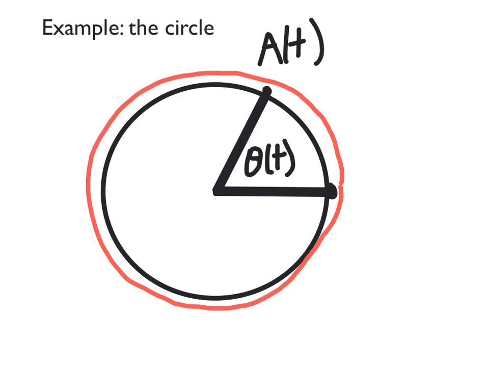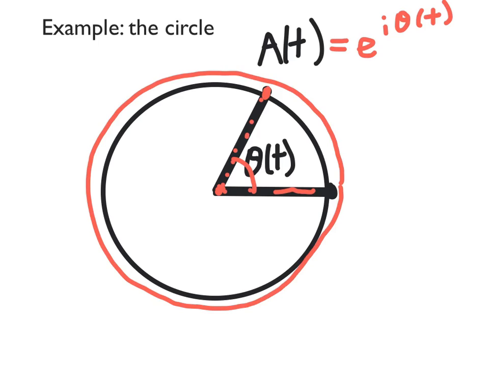You look at the angle, let's say phi of t, that goes between this horizontal line and the line that joins the centre of the circle to the point a of t at time t. If you want to think in terms of complex numbers, maybe a of t is the point e to the i theta of t on the unit circle in the complex numbers.